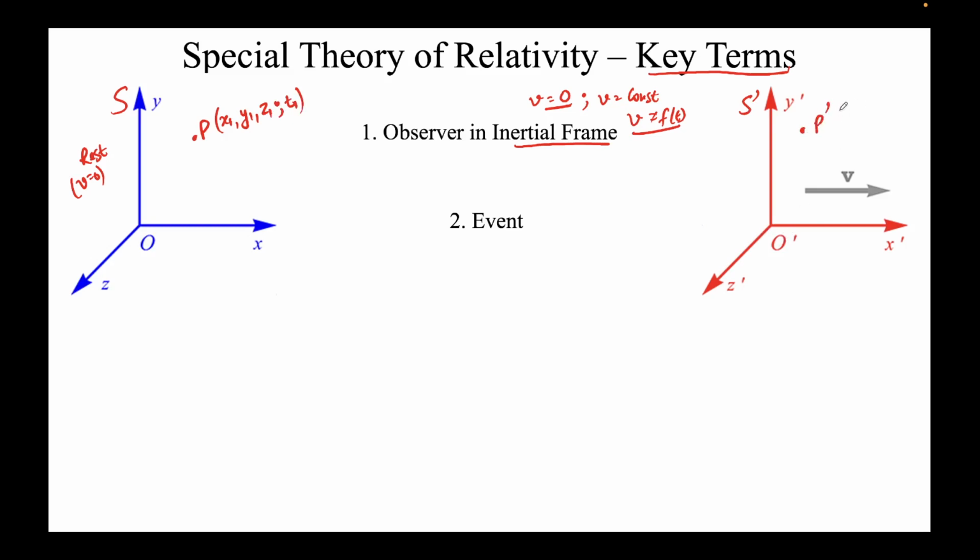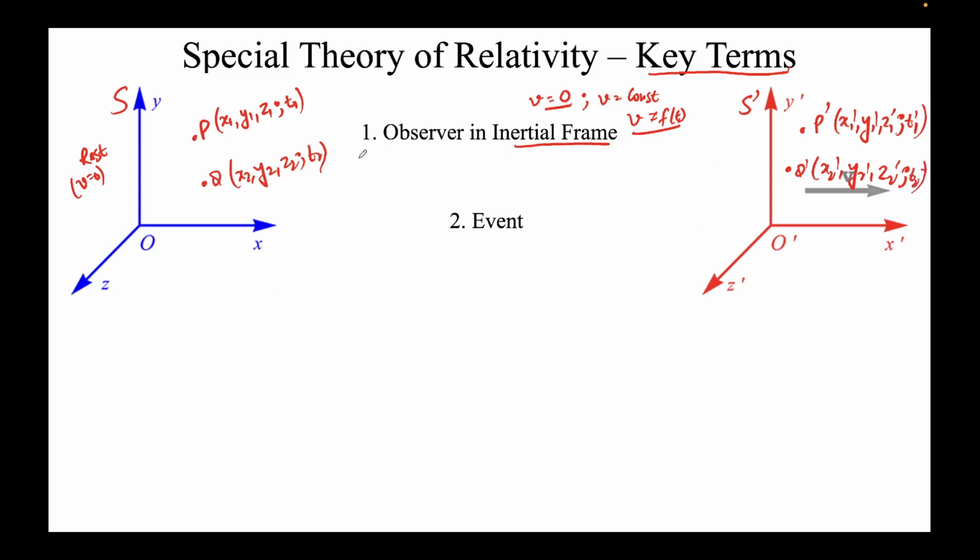So everything is primed in this frame. So this will be x1 prime, y1 prime, z1 prime, and finally t1 prime. Similarly, let's say there's another event Q which is x2, y2, z2, and t2, and similarly it will be denoted as x2 prime, y2 prime, z2 prime, and t2 prime.